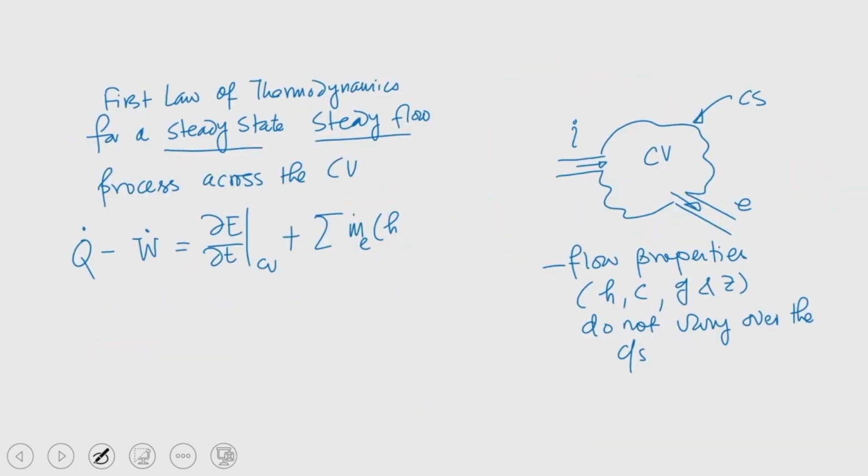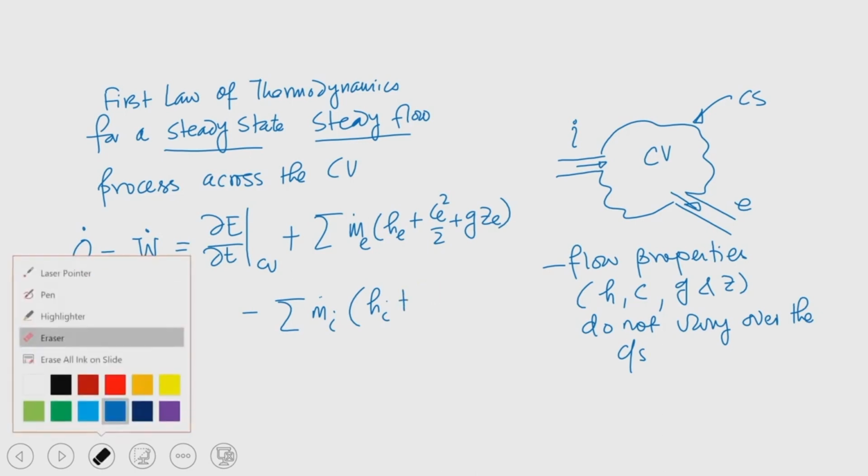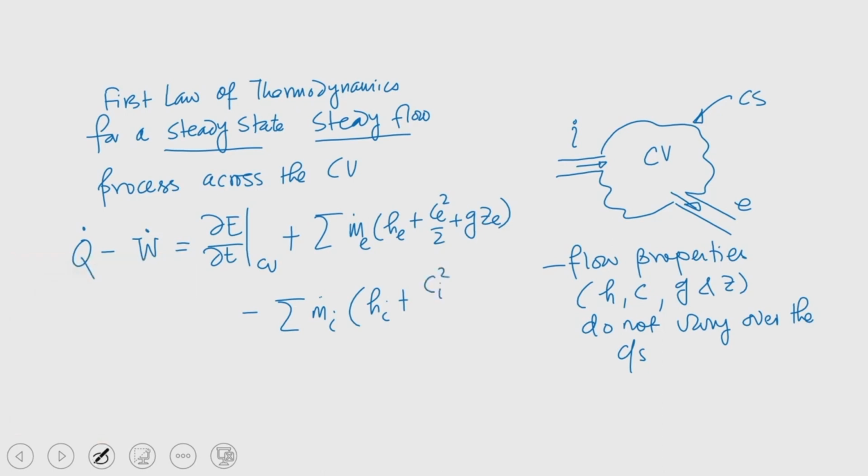So, basically He plus c square by 2 plus g ze, minus m dot I into Hi plus Ci square by 2 plus g zi, right.